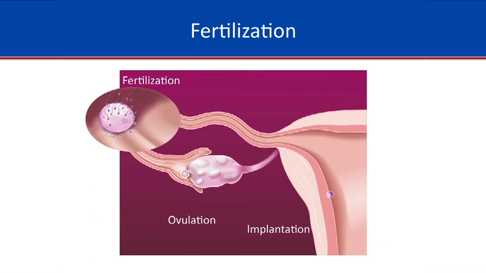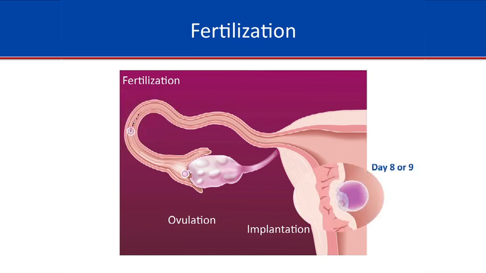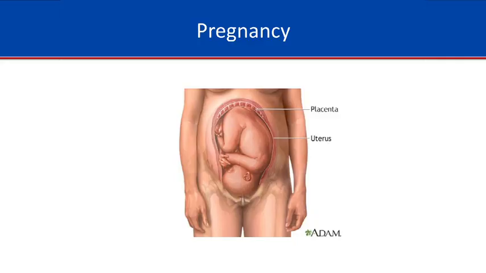The fertilized egg then drops down through the fallopian tube into the uterus and then can implant on the uterine lining, the endometrium, on about day 8 or 9. And that actually is the beginning of pregnancy. The uterus then is very elastic and it can expand to accommodate the growing fetus, but at the same time, the bottom part of the uterus, the cervix, stays closed to prevent an early labor.